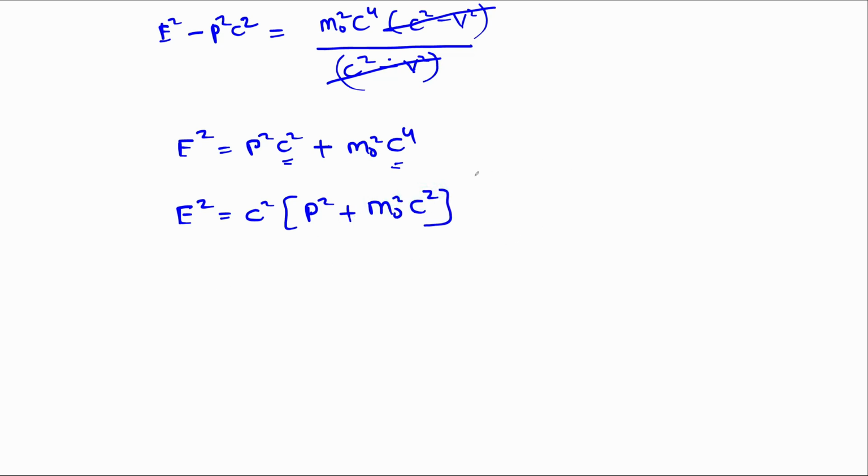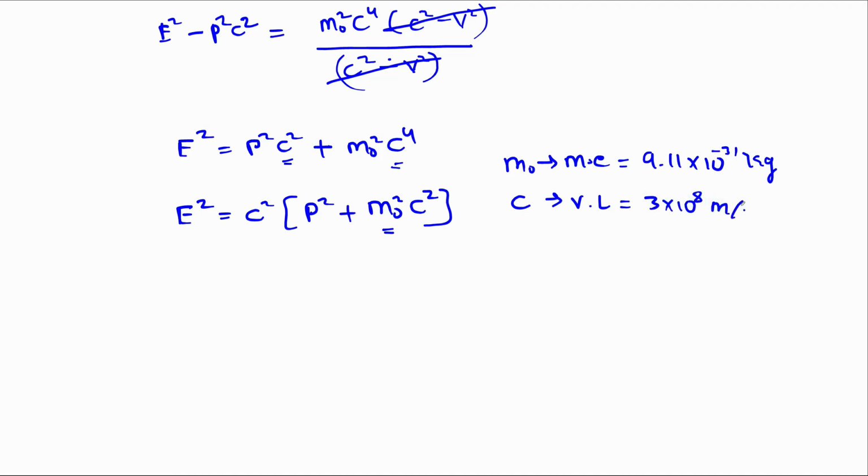Here m naught means the mass of the electron, that is 9.11 into 10 to the power minus 31 kg. That we can substitute here for m naught. Now c is the velocity of light, that means 3 into 10 to the power 8 meter per second, right? The unknown part is p, that means p is the momentum.